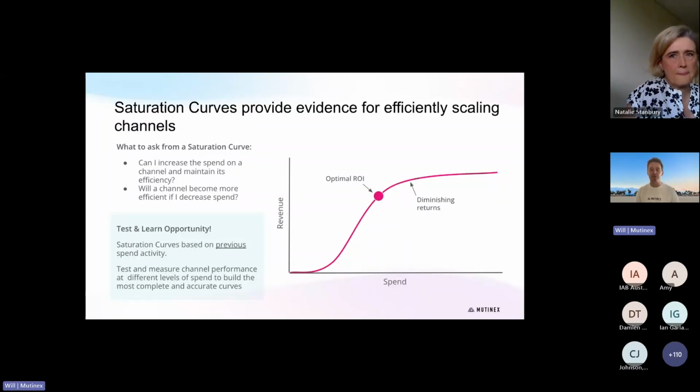That's going to give the model more information to build out how that curve extrapolates out and give you more confidence in the performance of that channel at increased levels further. So look at how a channel's been used in the past, and at what experiments you can run to give you more information about how that channel could be used in the future.